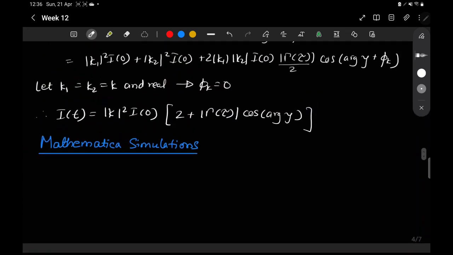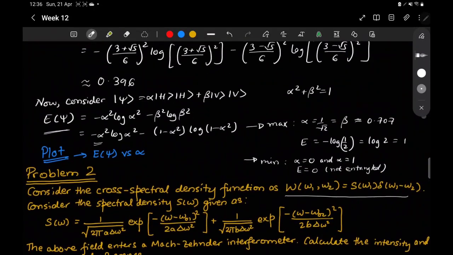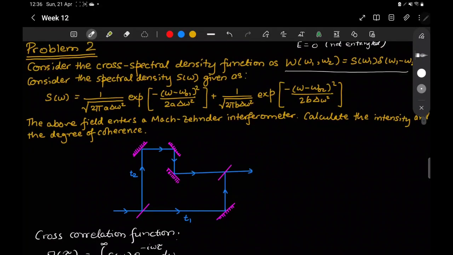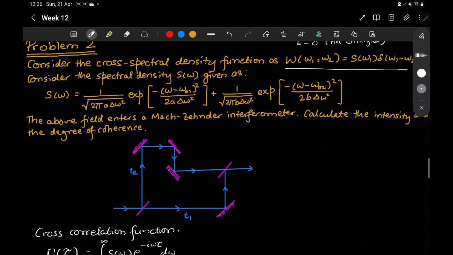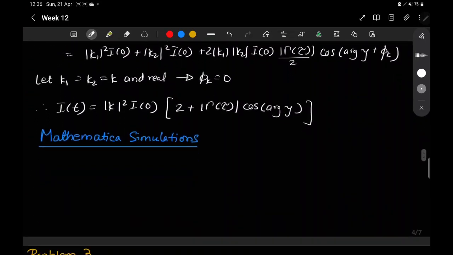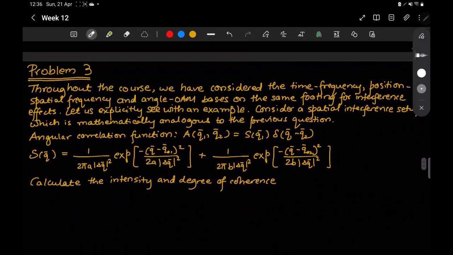So this question is in analogy with problem number 2. It's the same thing, but problem number 2 was in the time frequency domain, and problem number 3 is the same thing in the position spatial frequency domain.